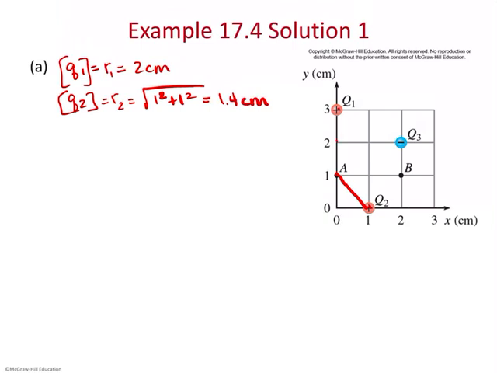Okay, and then we've got Q3. So all of this is to A, by the way. So we've got another situation where we're going to have to do the Pythagorean theorem. So we have 1 squared plus 2 squared, do the square root, and you get 2.2 centimeters.